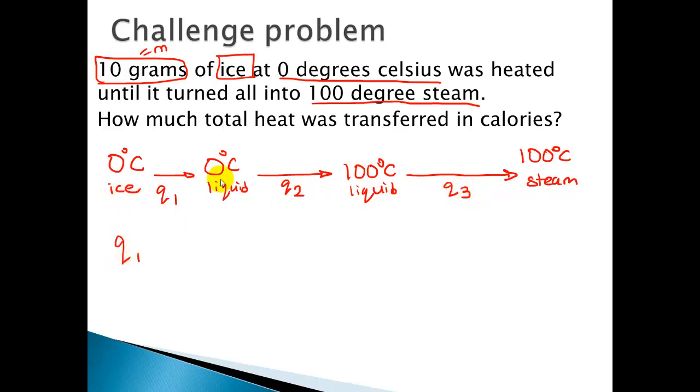So for Q1, we see an ice to liquid phase change. The equation we'll use here is m times delta H fusion. And let's go ahead and take a look at the second stage. For the second one, we're changing a liquid into a hotter liquid. And this is considered a no phase change.